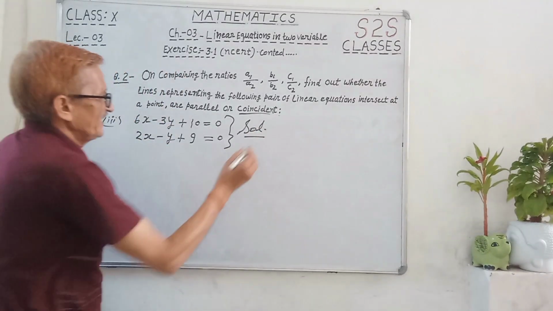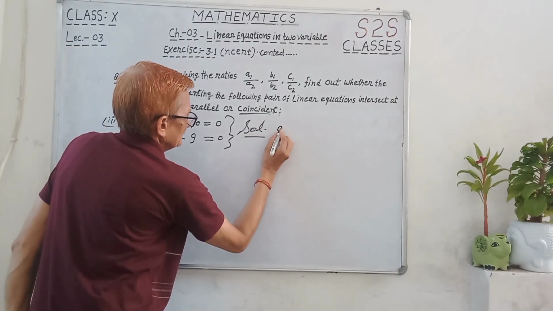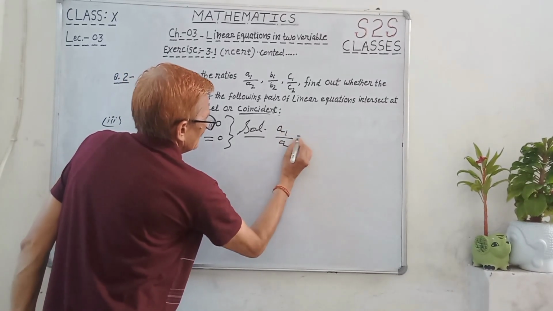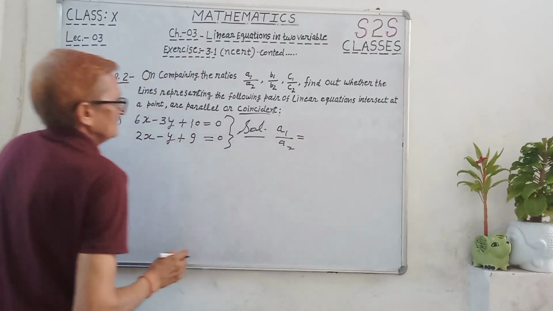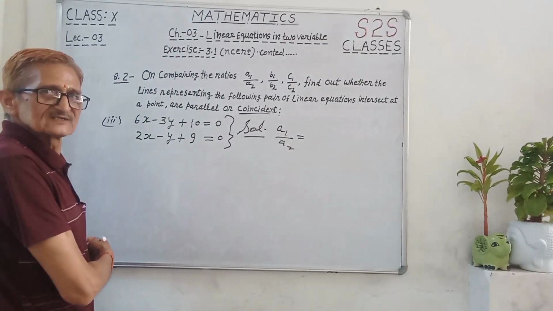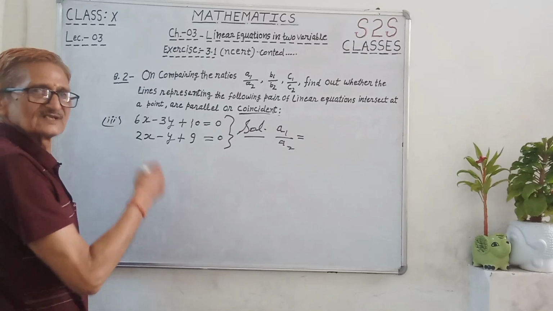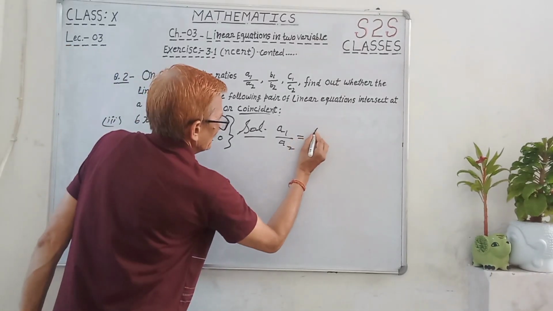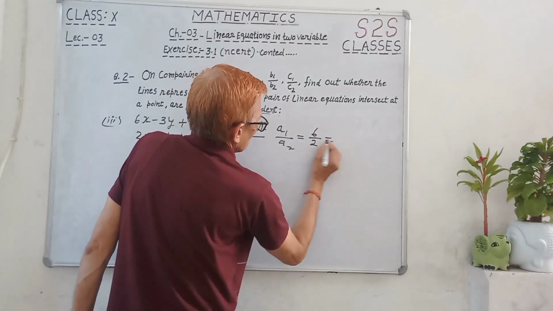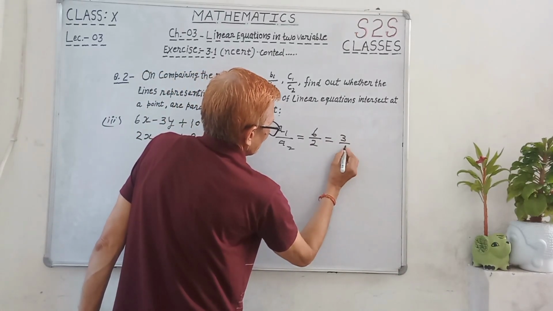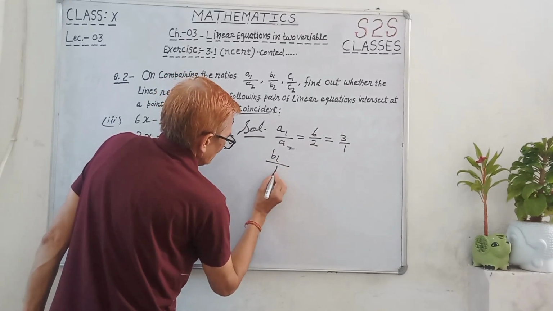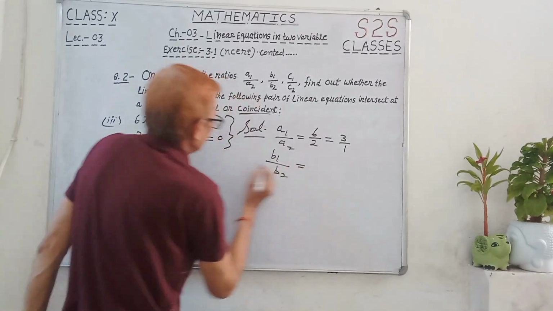A1 upon A2 we find. A1 is 6. Similarly, the coefficients of x are A1 and A2 in the first and second equations. So 6 upon 2, this is equal to 3 upon 1. Now B1 upon B2 also find.